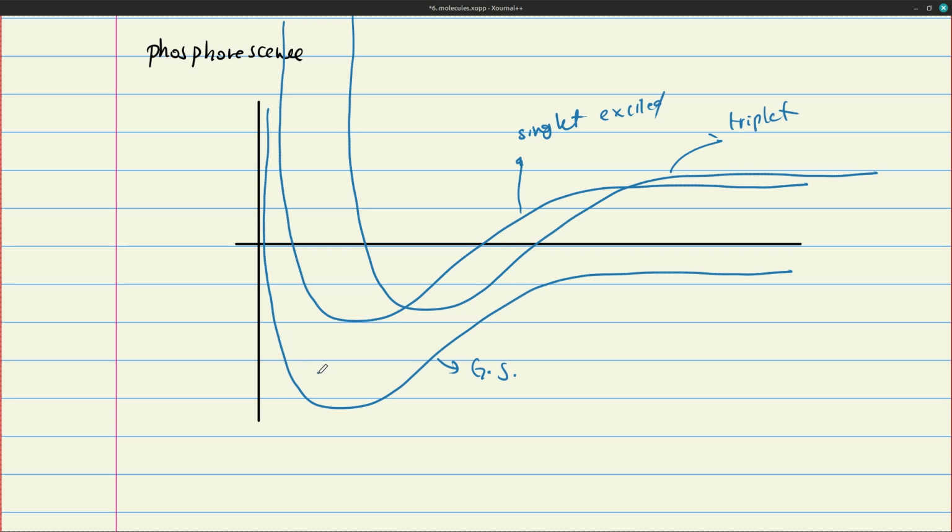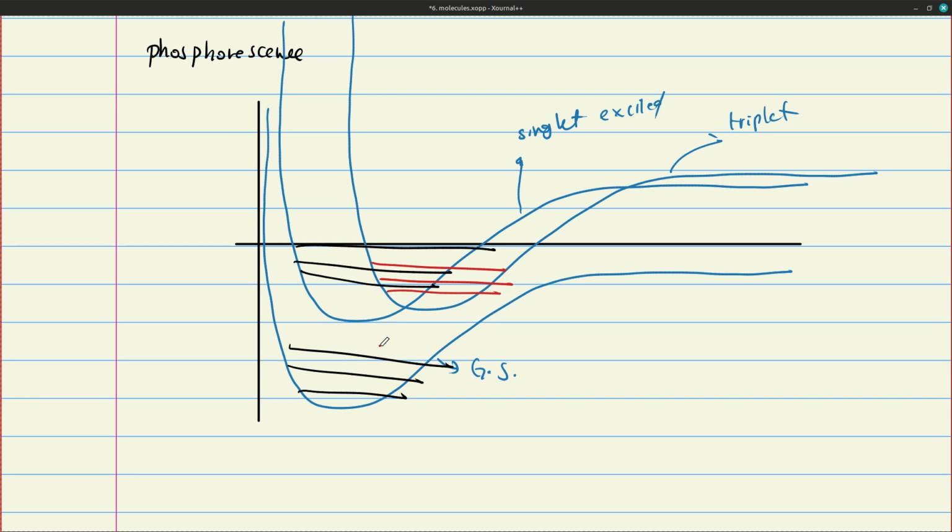You have levels here, and the triplet also has levels. You can see the energy levels of the singlet excited state and triplet excited state come close. Anytime they become degenerate, you have a chance to go from one to another.